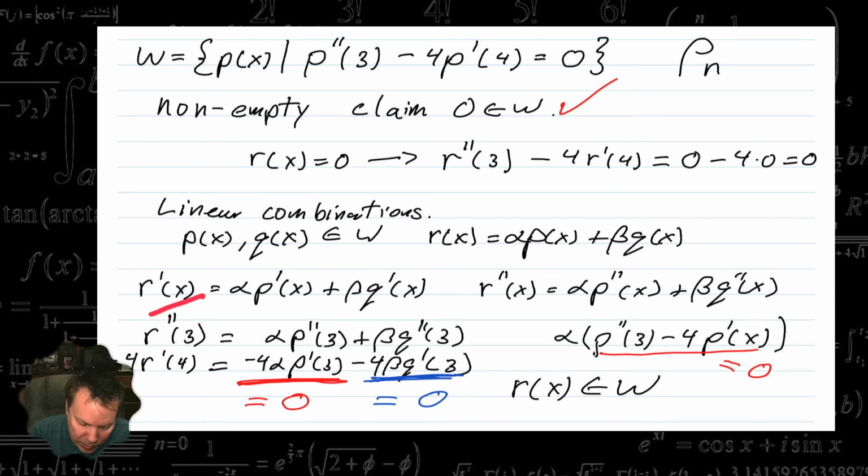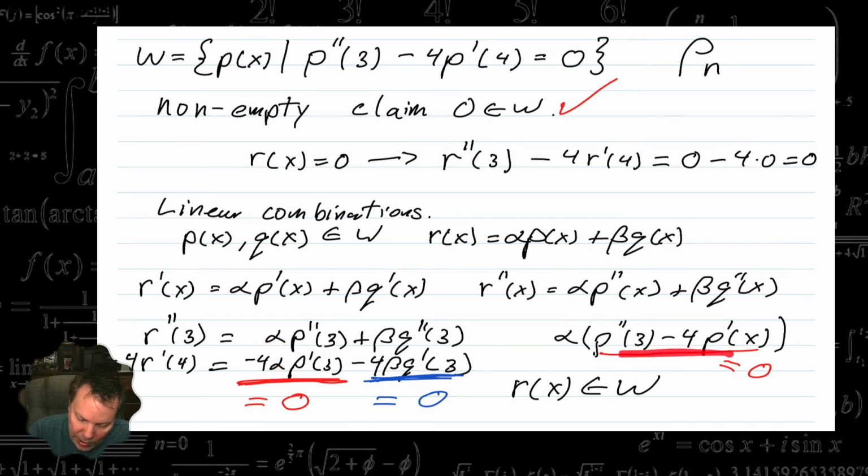So I take the derivatives, and then I look at this condition here. I'm going to plug in 3 into the second derivative, plug in 4 into the first derivative, and I also need to multiply it by -4. And I do that down here. Now I lined it up so that these things sit on top of each other. In this first column, I get this expression right here, where I can factor alpha out of both terms.